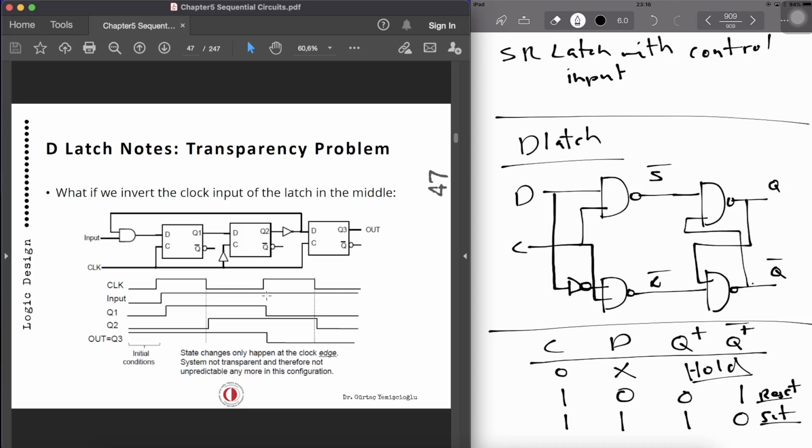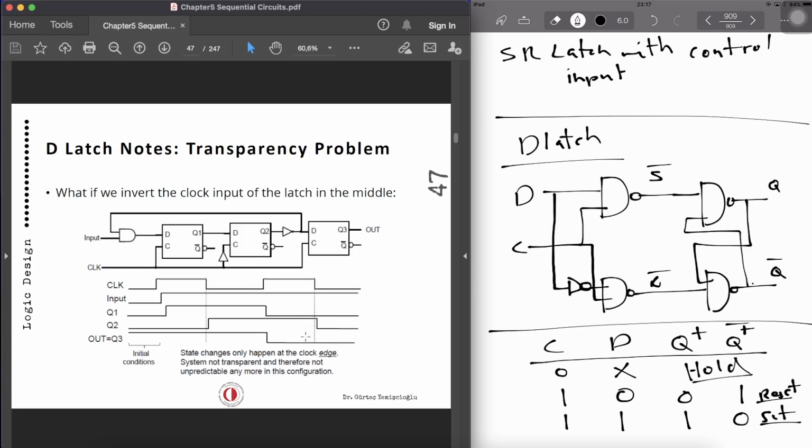Q2 is going to change when this one is activated, and Q3 will change when this one is activated. These are all initial conditions, and then it will change back again, as you can see.